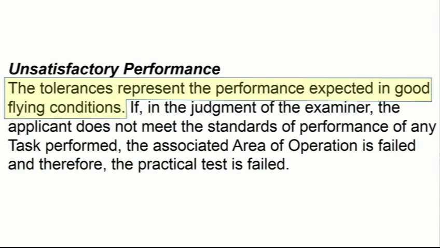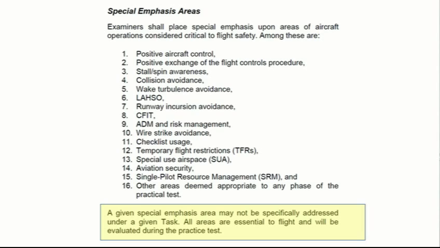The other 2 are: 5, the tolerances represent the performance expected in good flying conditions. And number 6, a given special emphasis area may not be specifically addressed under a given task. All areas are essential to flight and will be evaluated during the practical test.